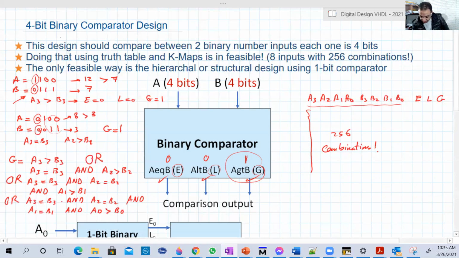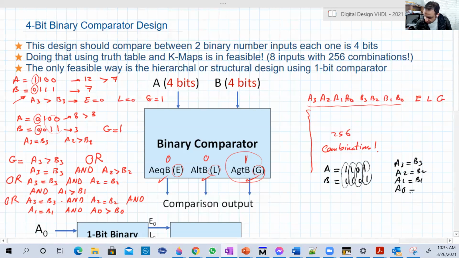Let's try another color. So basically, let's check another example in which A is equal to B. Like for example, A is 1101 and B is 1101. Yeah, they are equal to each other. But look, A3 is equal to B3, and A2 is equal to B2, A1 is equal to B1, A0 is equal to B0.